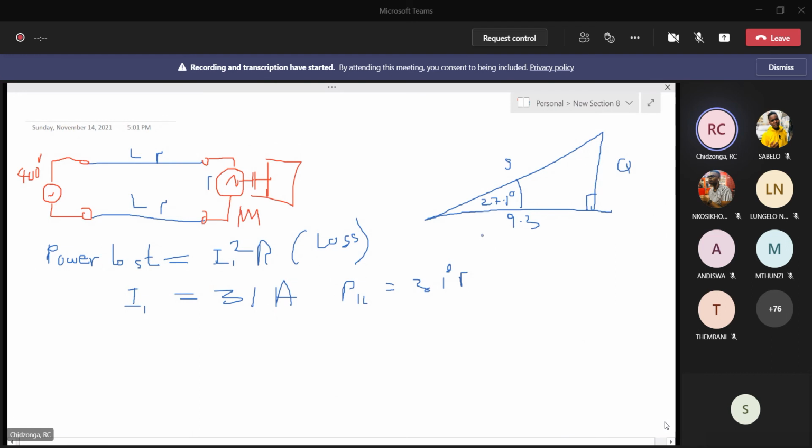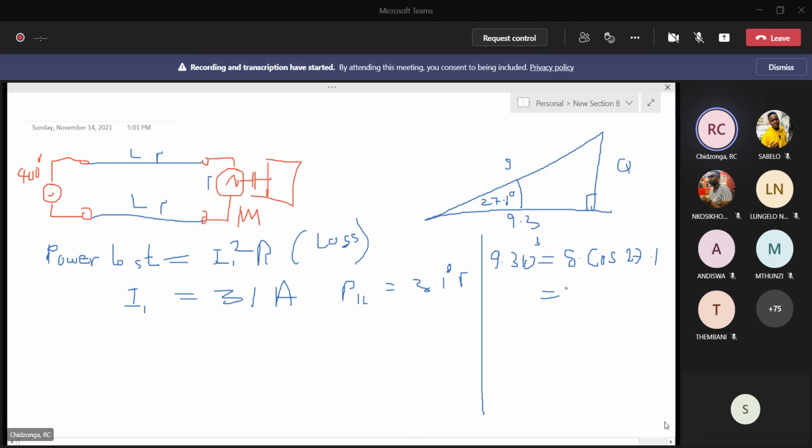Now, remember how we calculate P. P, which is 9.3 kilo, you can put 10 to the 3 here, is actually equal to S times cos 27.1. But S is voltage times the current.